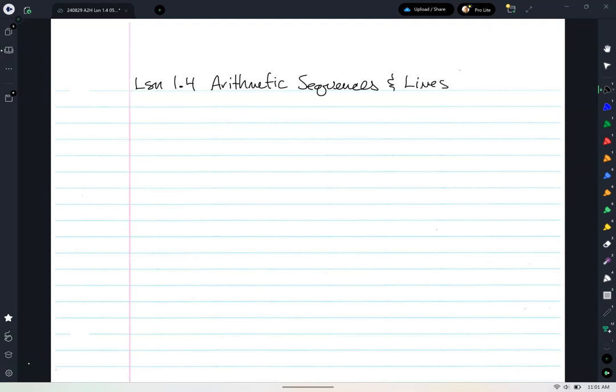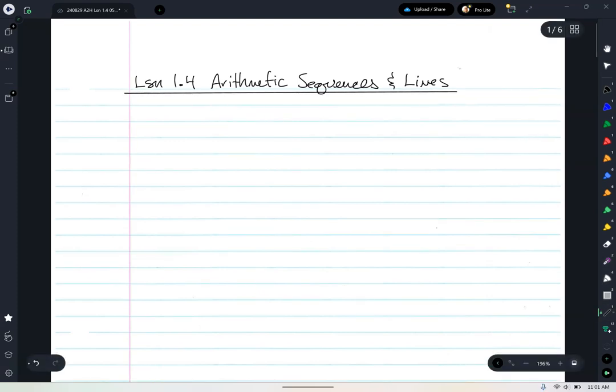All right, lesson 1.4, arithmetic sequences and lines. Now, when we did our lesson 1.2, our explicit formula lesson, we looked at both arithmetic and geometric.